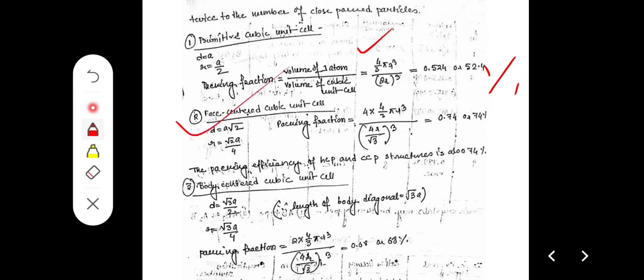Face centered cubic unit cell: d equals a root 2, so r equals root 2 a by 4. Packing fraction is 4 into 4 by 3 pi r cube by 4r by root 2 the whole cube, that is 0.74 or 74%. The packing fraction of HCP and CCP structures is also 74%.